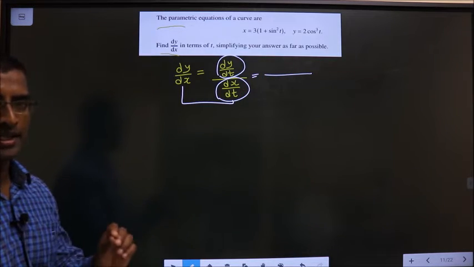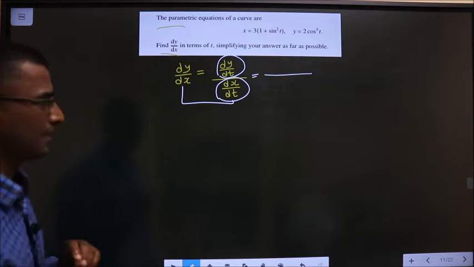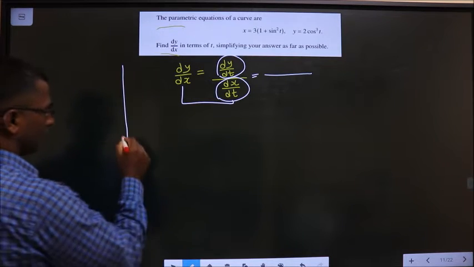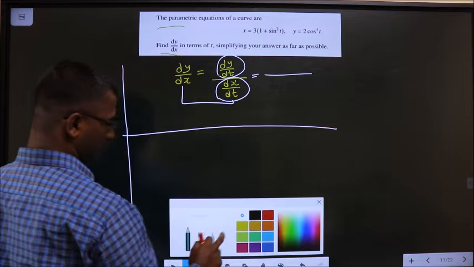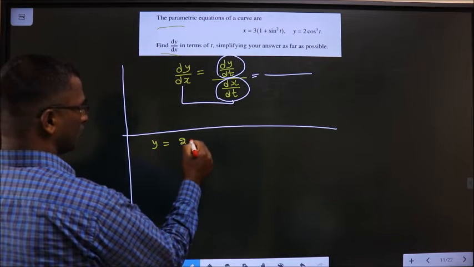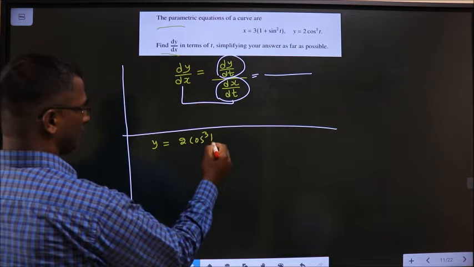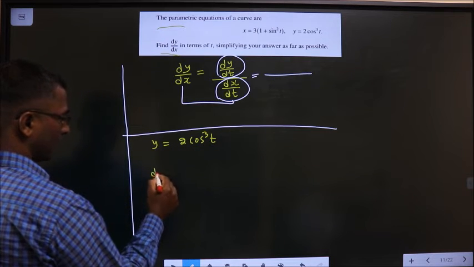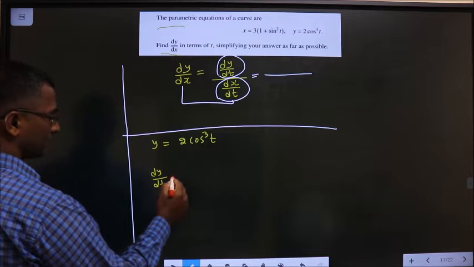So first let us find dy by dt. For that, given to us is y equal to 2cos³t. Now, from y, how can I get dy by dt?